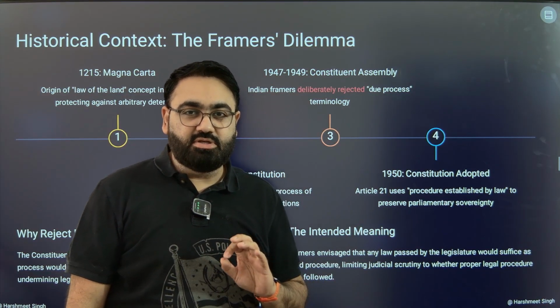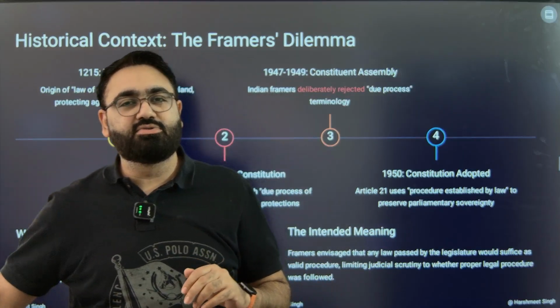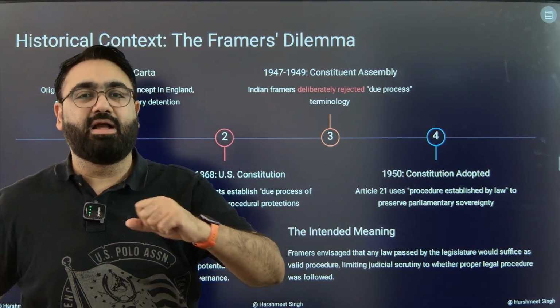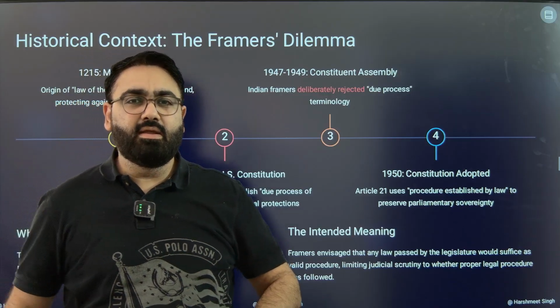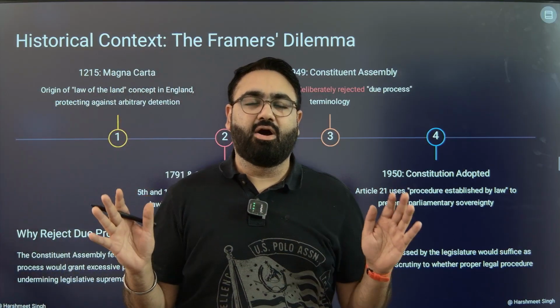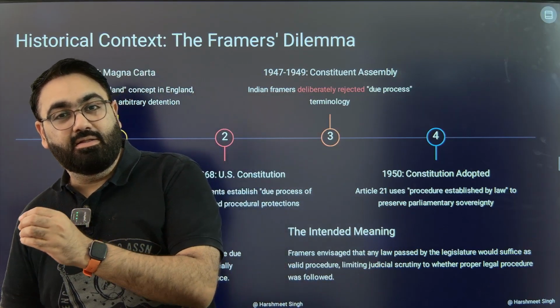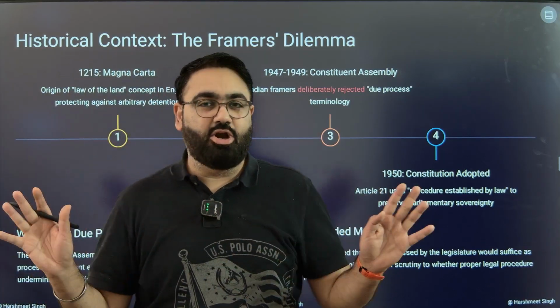Our Constitution does not say due process of law. Our Constitution rather uses the term procedure established by law. The reason being, we wanted to give the Parliament the power to decide how the law will be made. As long as a law is as per the Parliament's power, it should not be struck down.